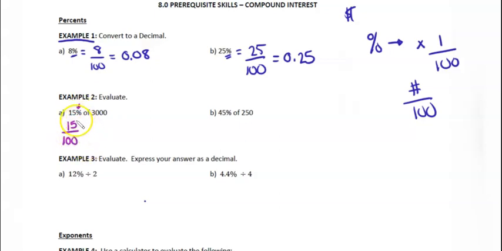And when we want 15% of 3,000, we then multiply this by 3,000. Okay, so 15% is 0.15 as a decimal. If we multiply this by 3,000, we get 450.